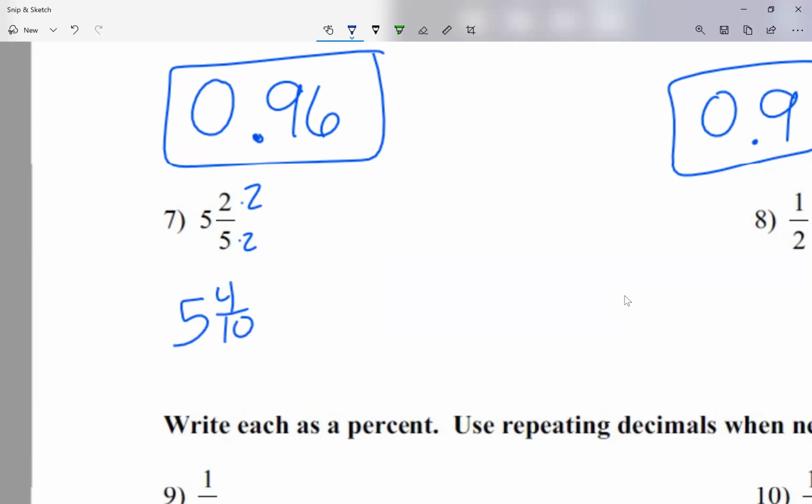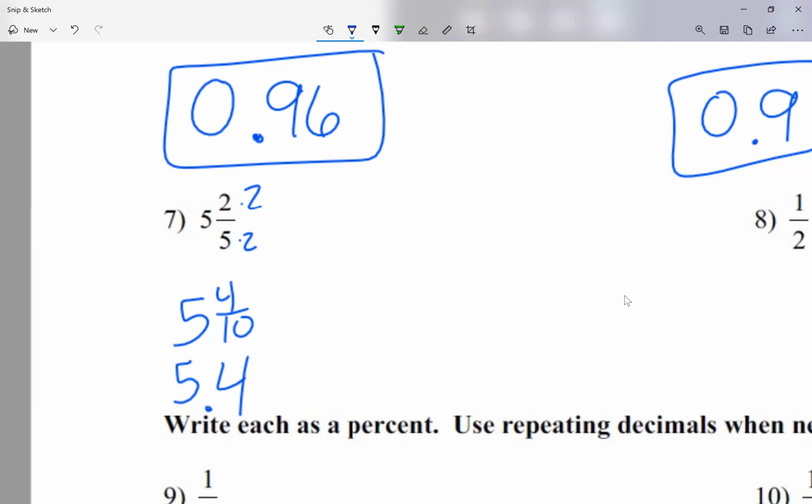So just my decimal point, there's a 4 there. My 10 only has 1 decimal place, so I'm just going to put a point there. And then right before the point, I'm going to put a 5. The 5 at the very front is just the number in front of the decimal. So 5.4.